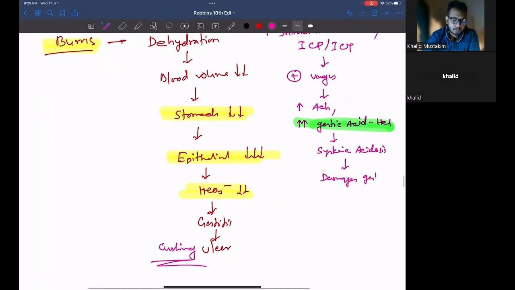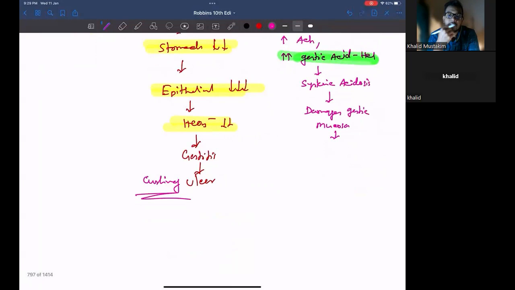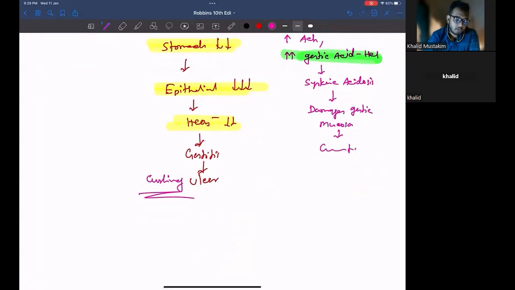When it damages the gastric mucosa, ultimately gastritis occurs. But this type of gastritis can also convert into an ulcer. And this type of ulcer we call in a very special way, that is curling ulcer.